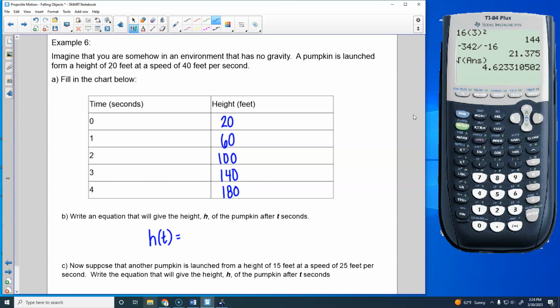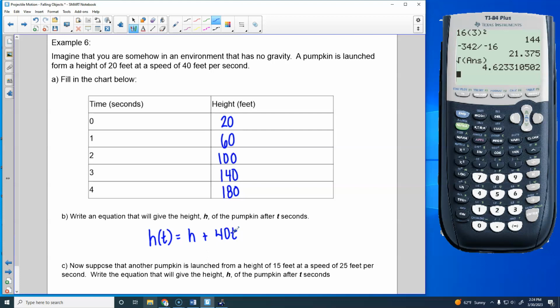H plus 40t. You got h plus 40t. Okay. I think we've got some good stuff happening there.